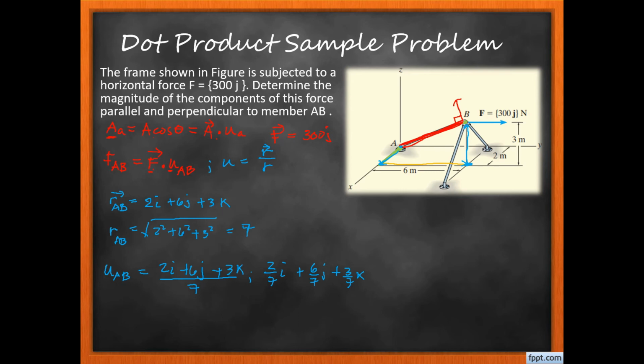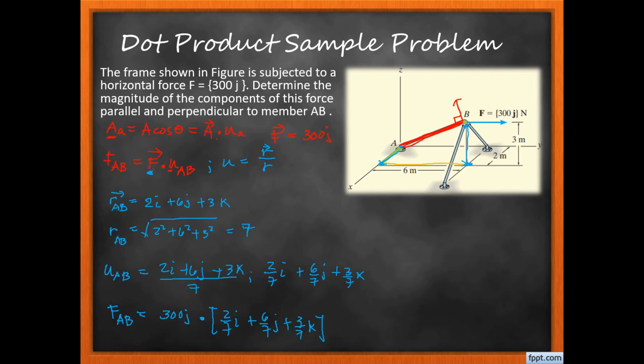Itong unit vector nito, imu-multiply natin siya, or ikukunin natin yung dot product niya kay vector F. So sabihin, yung force or yung magnitude ng FAB is equals to the force vector natin F, 300J. So idadot product natin yan kay unit vector na 2 over 7I plus 6 over 7J plus 3 over 7K.